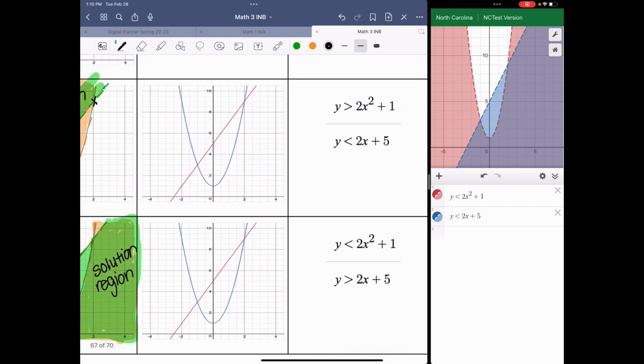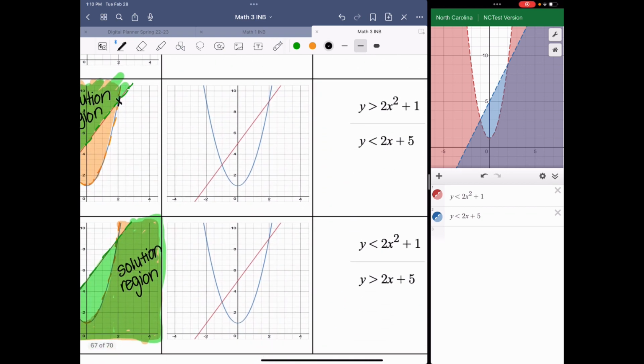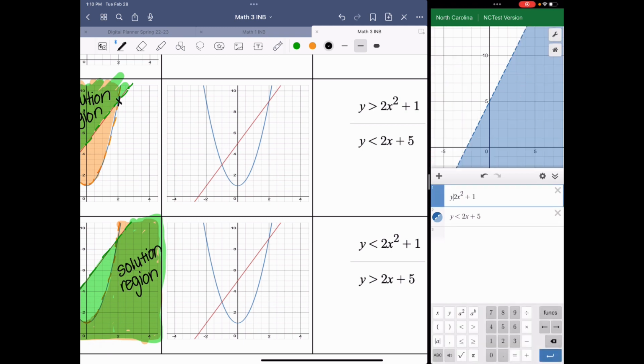All right, so then we have an alternate of greater than, less than. So that doesn't really change much. Yes, one's going to be greater than, one's going to be less than. But it's just going to change where the solution region is based off of where the shading is. So we're looking at the x squared.